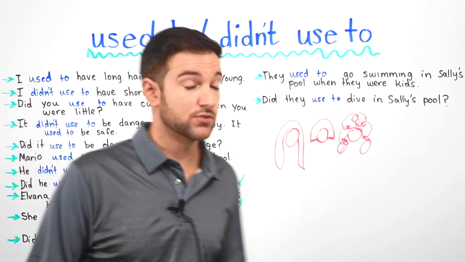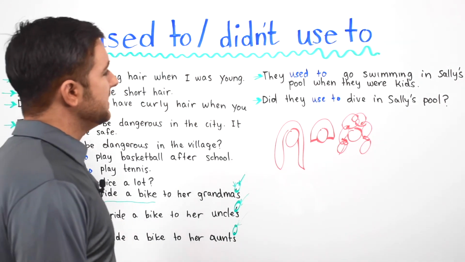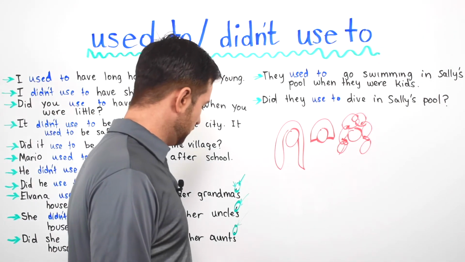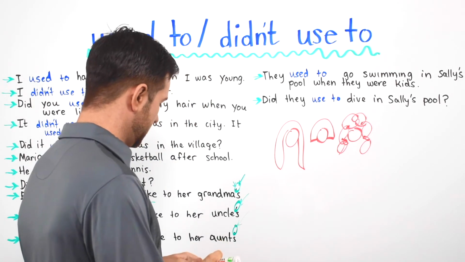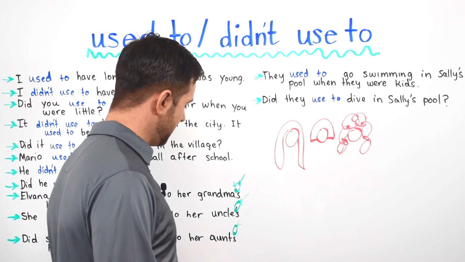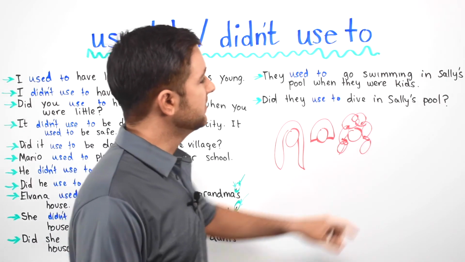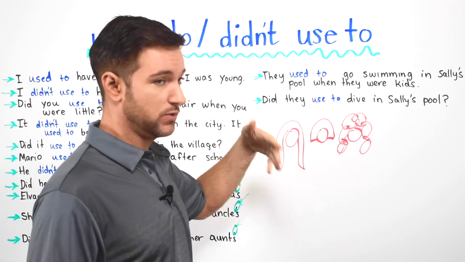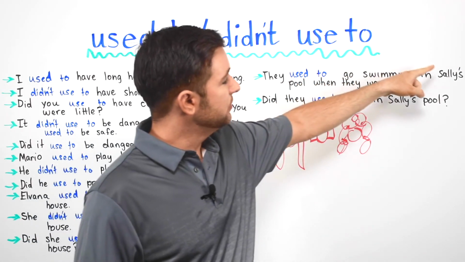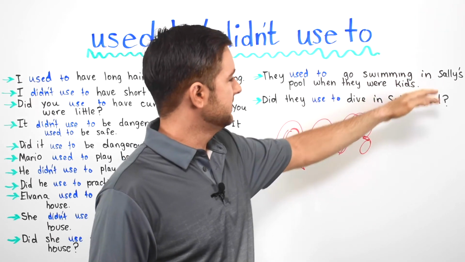Let's move on to the next one. It says, they used to go swimming in Sally's pool when they were kids. Again, you can see that we have an apostrophe here. So the pool is where you go swimming. It belongs to Sally. It's at Sally's house.